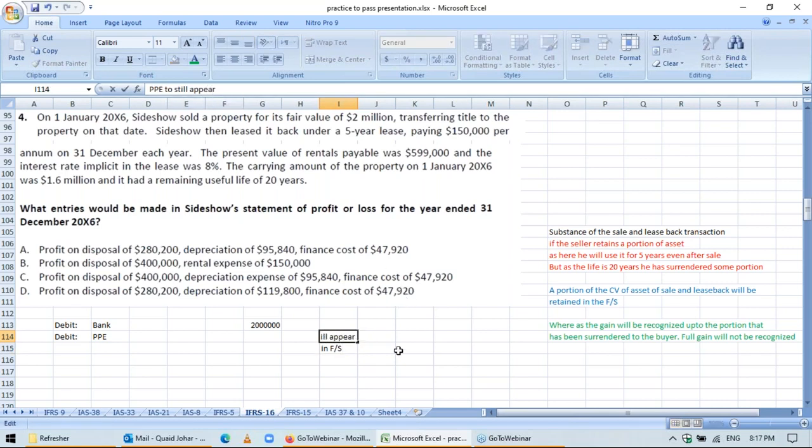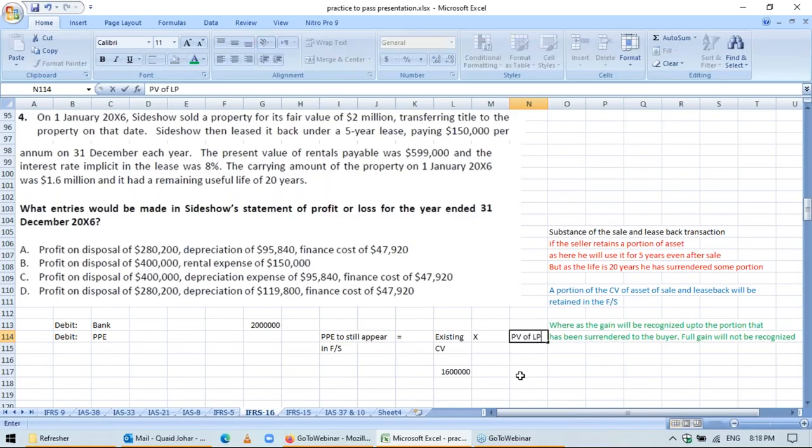Because he is going to use it for 5 years. The portion will be like this. The existing carrying value, which is, according to the question, 1.6 million. This is what is right now present in the financial statements. So this will be multiplied by the present value of lease payments.